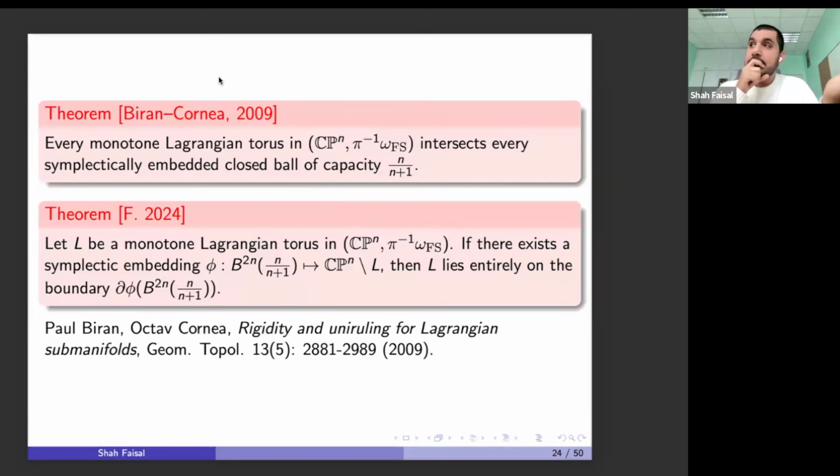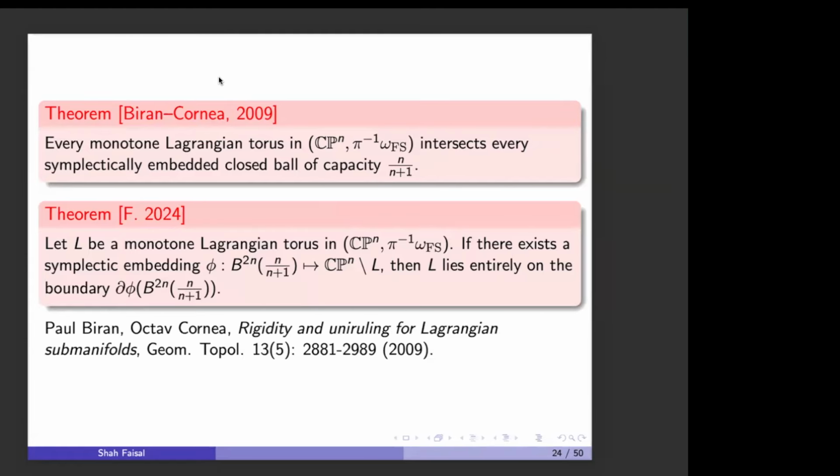So if the Hamiltonian isotopy doesn't make the Lagrangians exit the ball, then no. But if you allow that, then maybe. That I don't know.